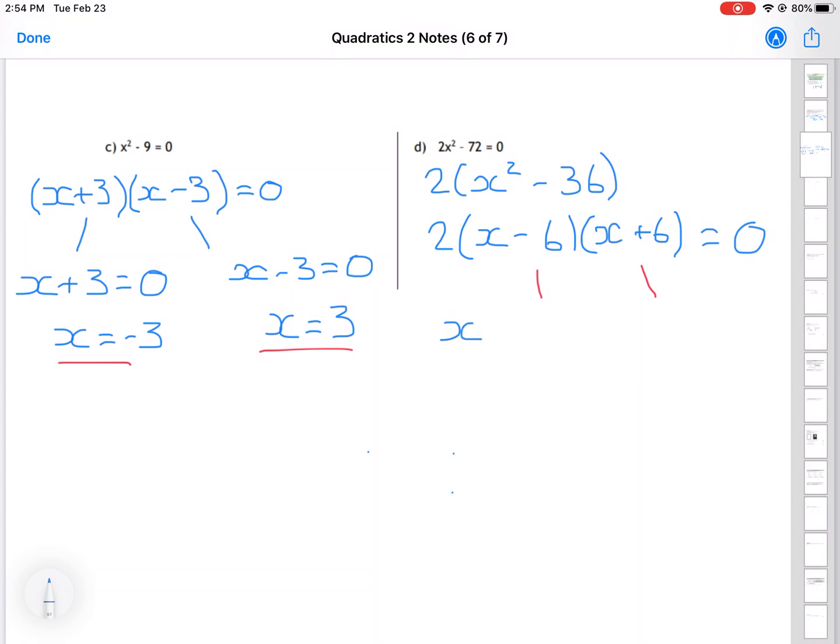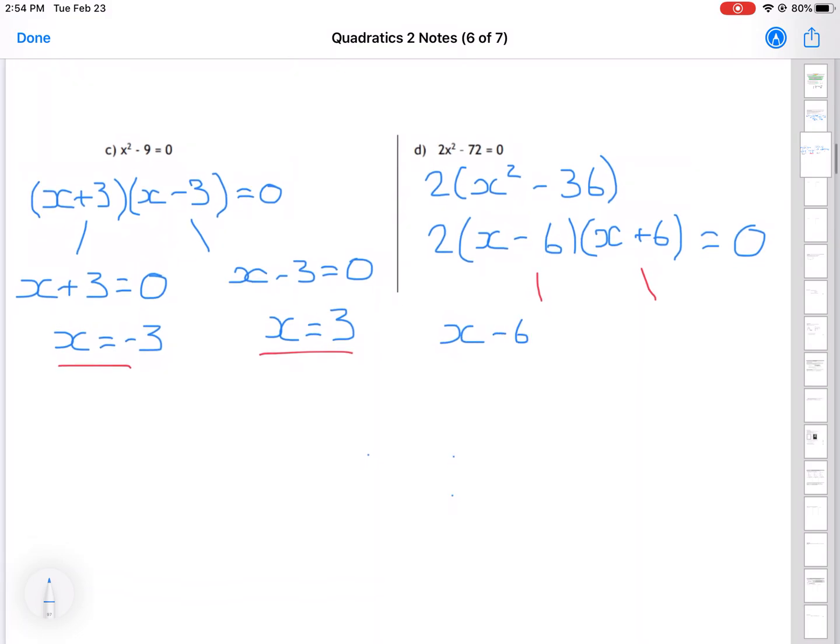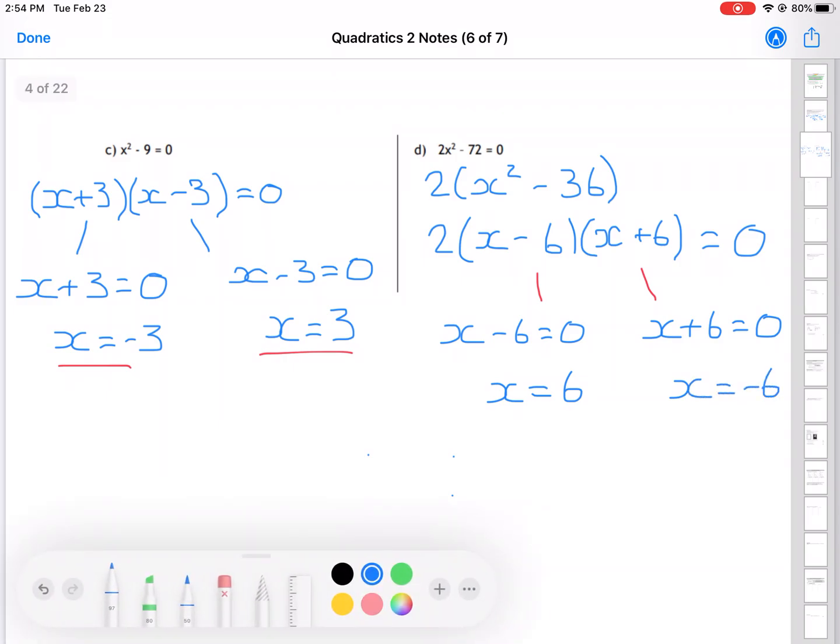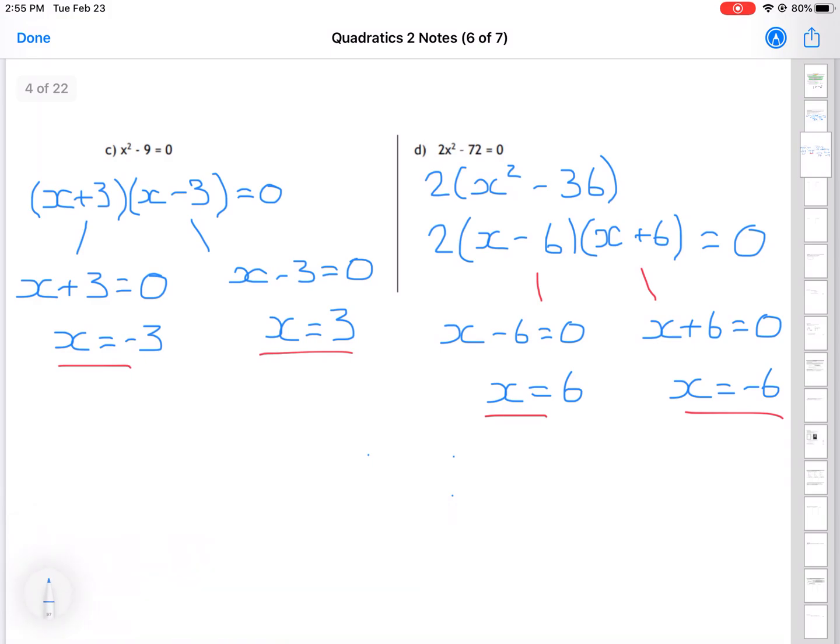So the first bracket, x minus 6 equals 0. The second bracket, x plus 6 equals 0. So x equals 6 or x equals negative 6. Since those two numbers are the same, just one positive and one negative, that's what happens within our answers as well.